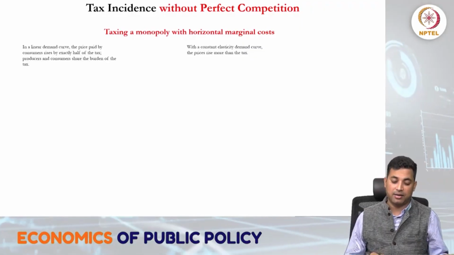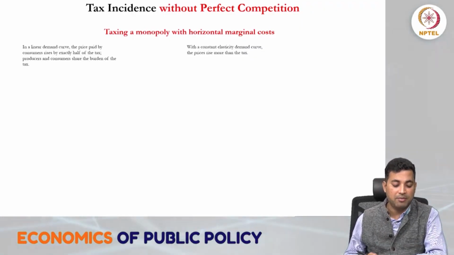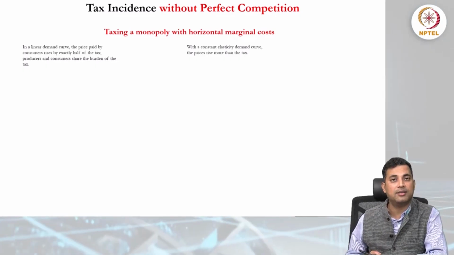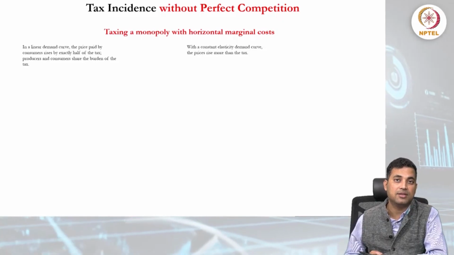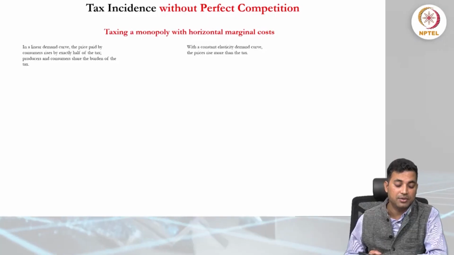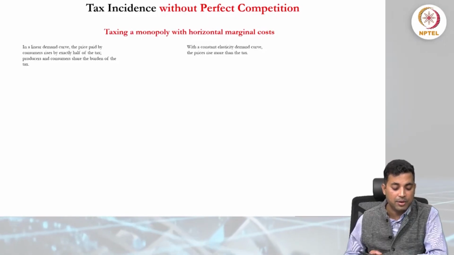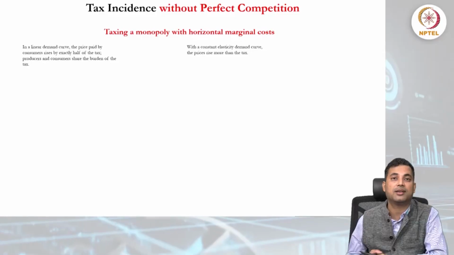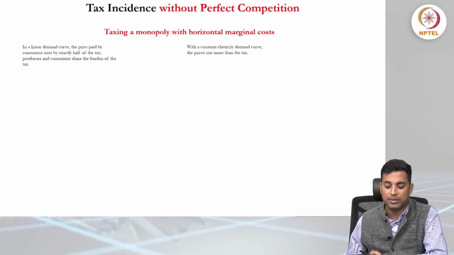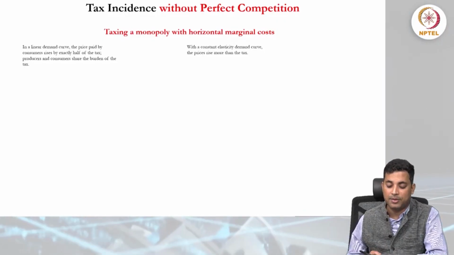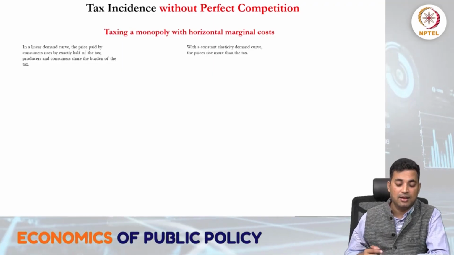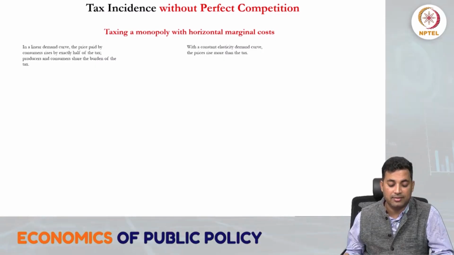In a linear demand curve, the price paid by the consumer rises by exactly half of the tax, that is, how the tax burden will be divided between producers and consumers, and how they share the taxes. The other case is with a constant elasticity demand curve, where the price rises by more than the tax. So we'll discuss this in our discussion today.